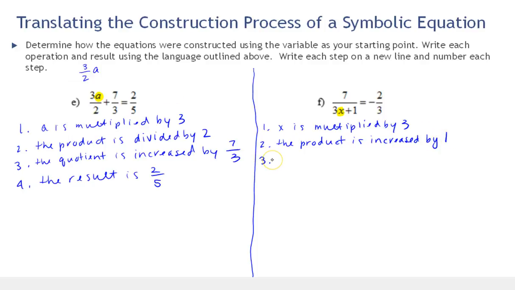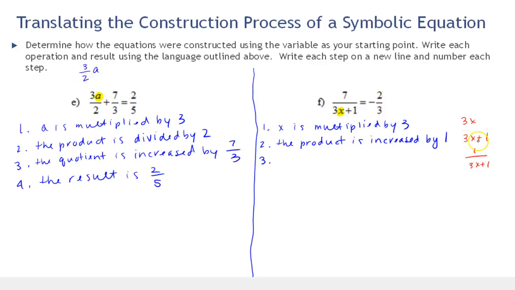Now, here's the steps. So what we've made so far, here x is multiplied by 3, the product is increased by 1. Now we want 3x plus 1 to be in the denominator. So now that we have the whole denominator, we want to get 1 over 3x plus 1. So we're going to reciprocate this.